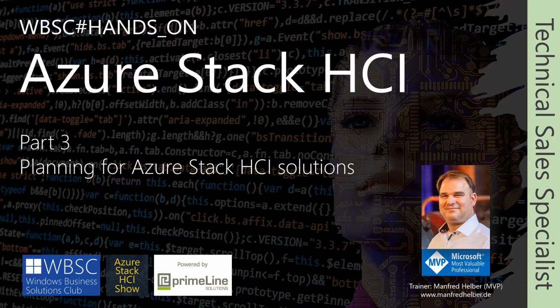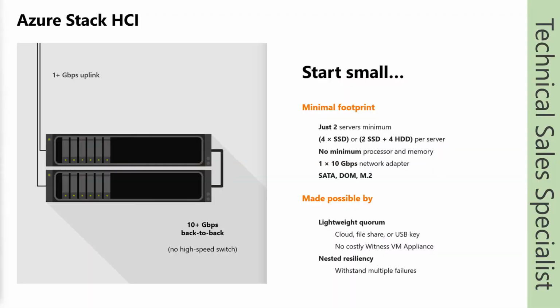In this video, we will speak about how to plan for Azure Stack HCI solutions. If you watched the previous modules, you already know that we can start with a very small deployment of Azure Stack HCI, starting with just 2 servers and minimum 4 capacity drives.